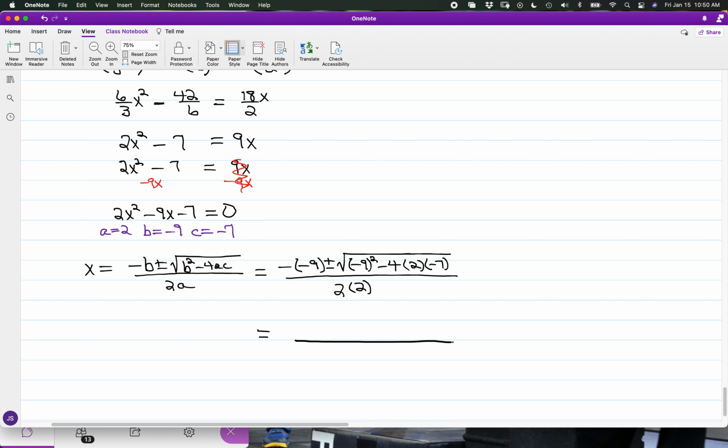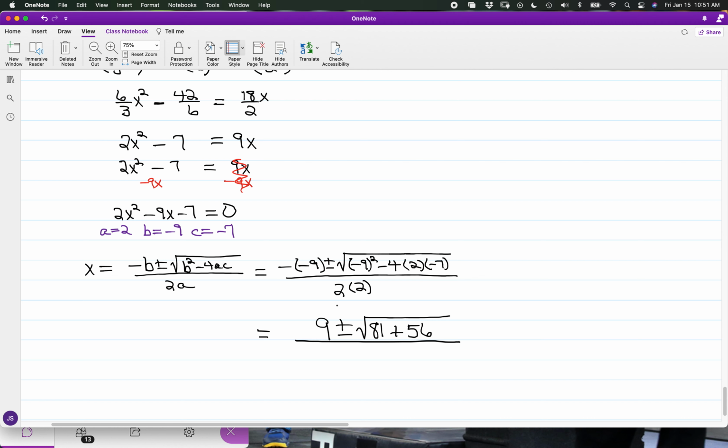And so we're going to have here, negative b, the negative of negative 9, so this will be a positive 9. And we have plus or minus the square root. The square of negative 9 is going to be 81. And again, be careful with that which represents minus 4ac. Working, negative 4 times 2 is negative 8, in turn, negative 8 times negative 7 comes out to a positive 56.